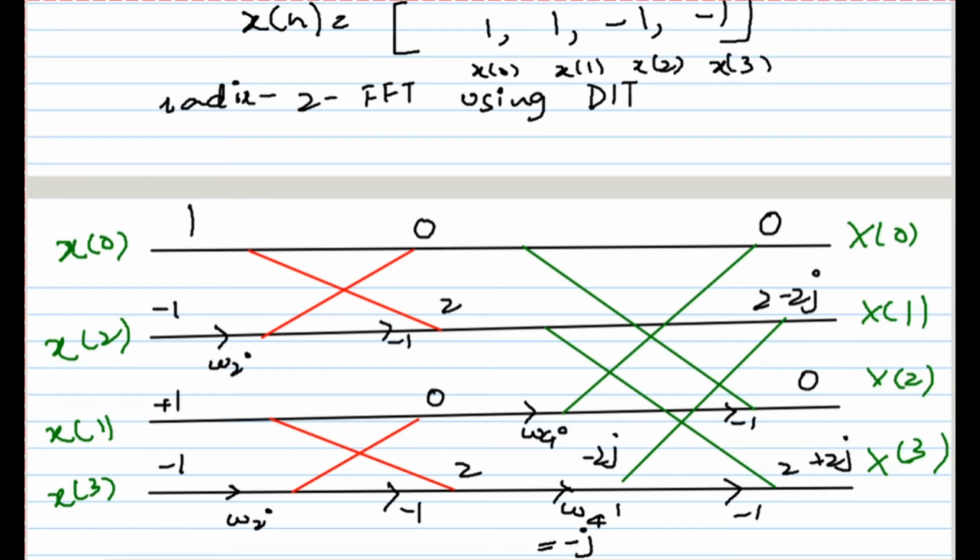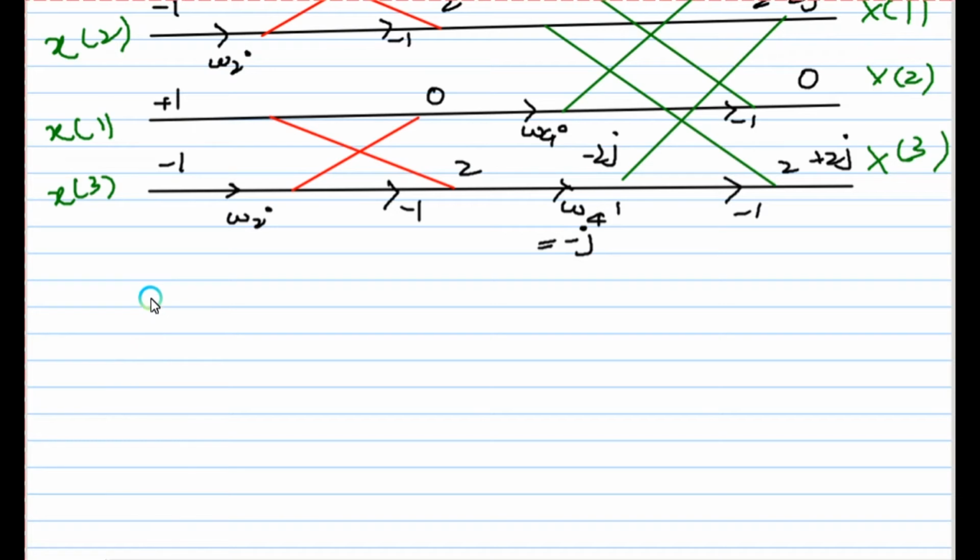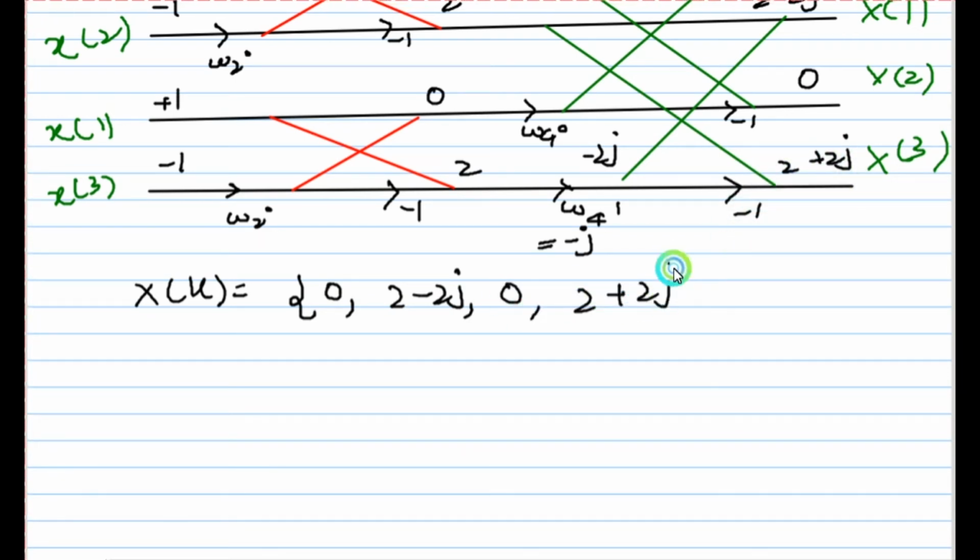I can write x of k as 0, then 2 minus 2j, then again 0, then 2 plus 2j. So this is my answer.